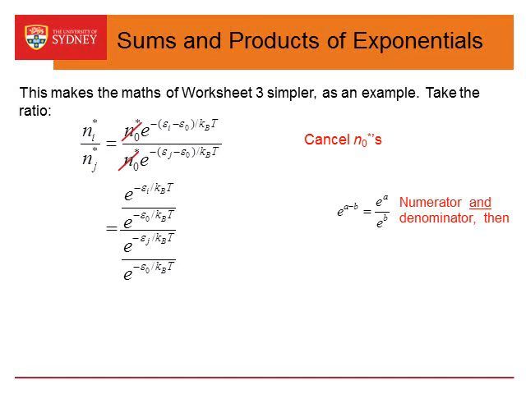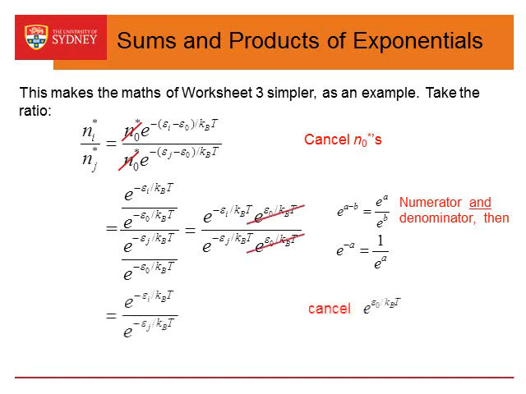Now at this point we can cancel out e to the minus E0 over kBT in the numerator and the denominator, or we can rewrite it as the product of e to the minus Ei over kBT times e to the E0 over kBT in the numerator, and a similar thing in the denominator using our inverse rule, e to the minus a equals 1 over e to the a.